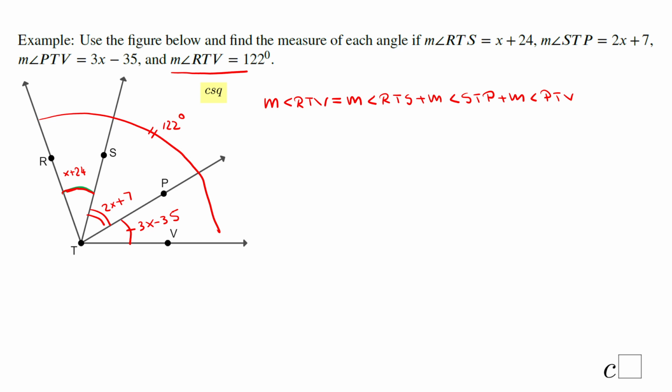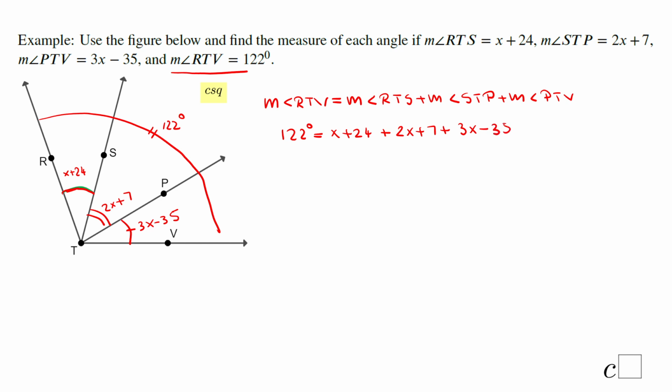And now I'm going to replace them with the value or the expression given. The measure of angle RTV is 122 degrees. The measure of angle RTS, x plus 24. The measure of angle STP, 2x plus 7. And the last one, the measure of angle PTV, 3x minus 35.